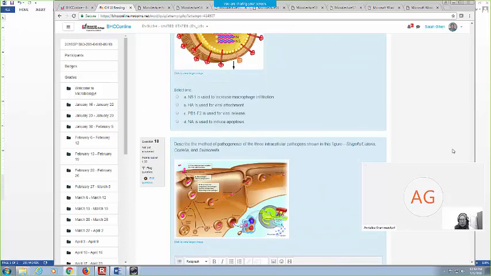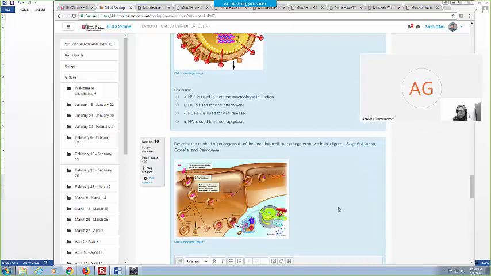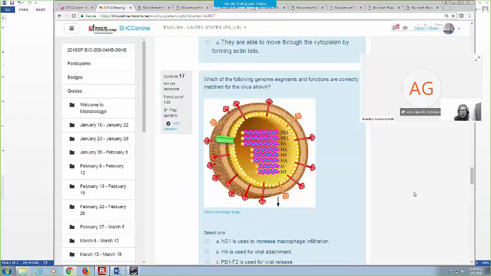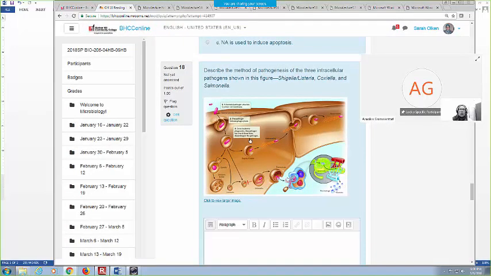I'll make it a little bit bigger. Ah, there we go. Yeah, so the Coxiella is able to survive, and it actually has this unusual replication cycle in these compartments called inclusion bodies.